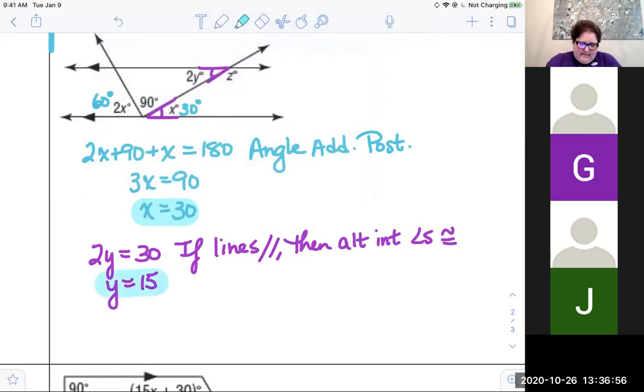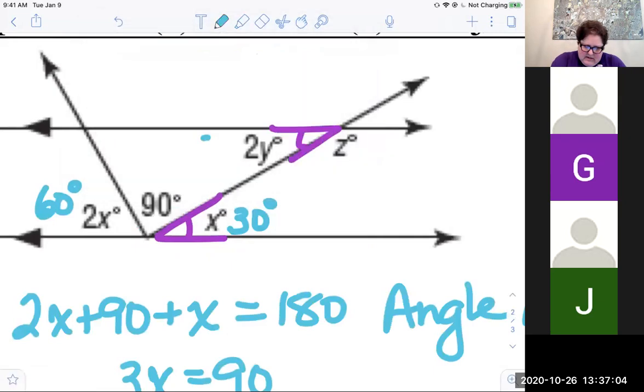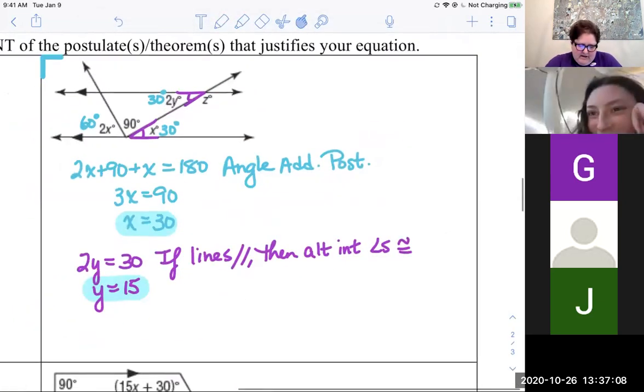Okay, and then lastly for z, so if that one's 30, this one is also 30. Okay, and Derbla, can you tell me what z would have to be?